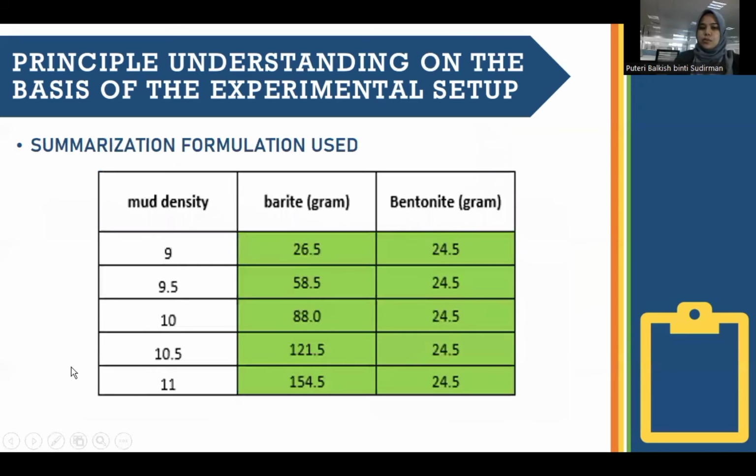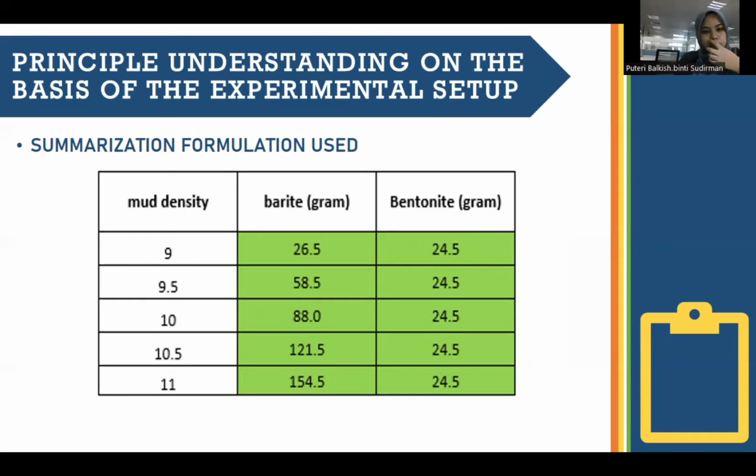So in summary, we can see that the bentonite will be constant at 24.5 gram, and when the mud density increases, the barite will also increase. When the mud density is 9 ppg, barite will be 26.5 gram. When it is 9.5 ppg, the barite will be 58.5 gram.